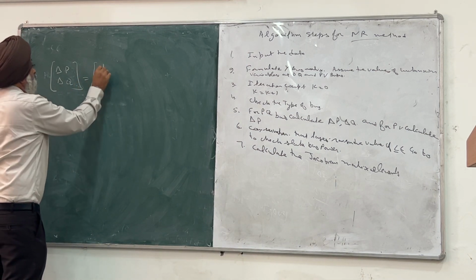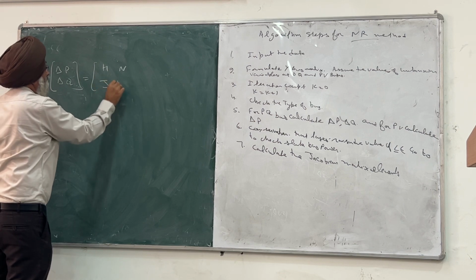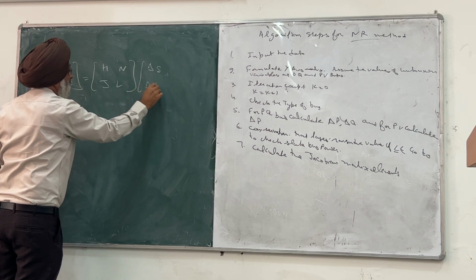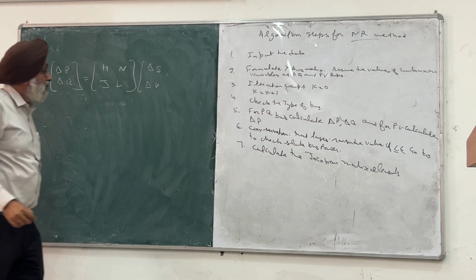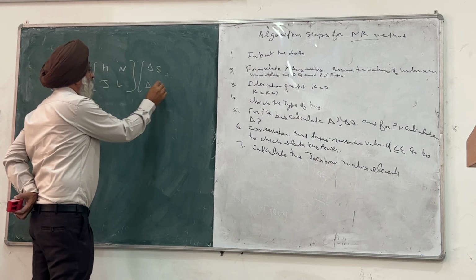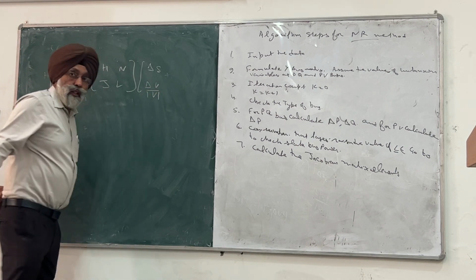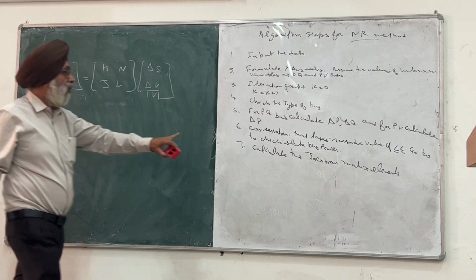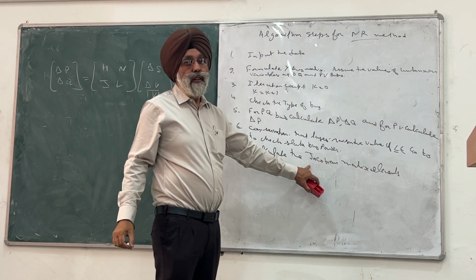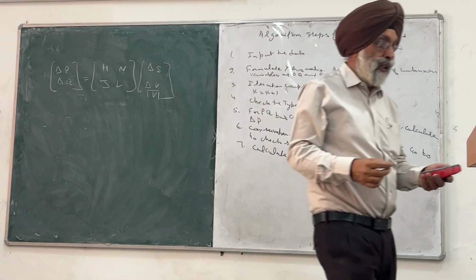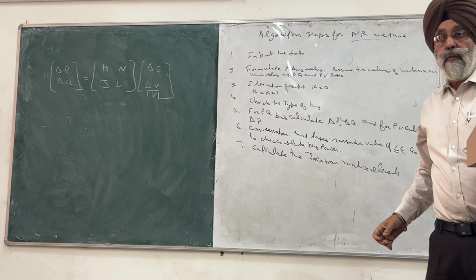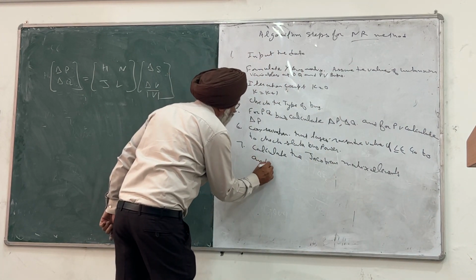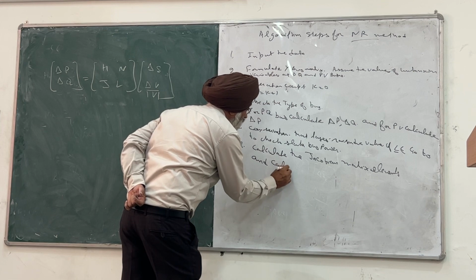Then we have to calculate H, N, J, L, and delta V. And if you are taking the normalized value, then this will be divided by V. So we have to formulate the Jacobian matrix and calculate.